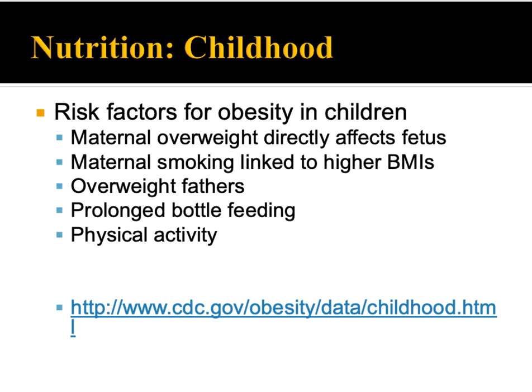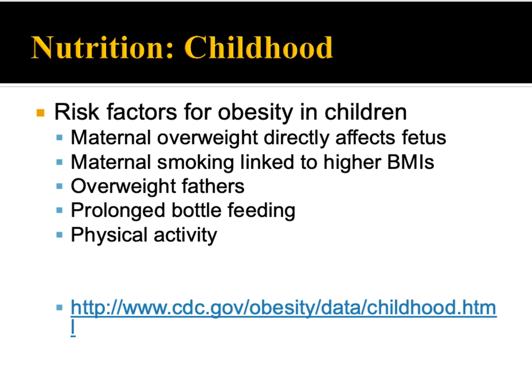Risk factors. Moms who are overweight, obviously that directly affects the fetus, but then it also affects the children as well. If the mom smoked, that's linked to children having a higher BMI. Overweight fathers, also higher risk for the children to be overweight.